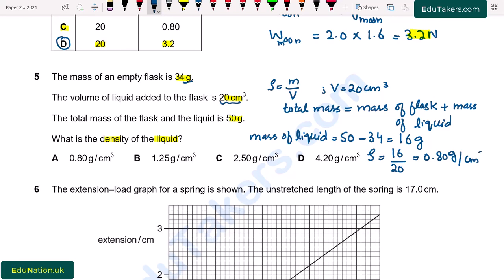So it will be gram per cubic centimeter. And it is option A, which shows that density of liquid is equal to 0.80 gram per cubic centimeter.